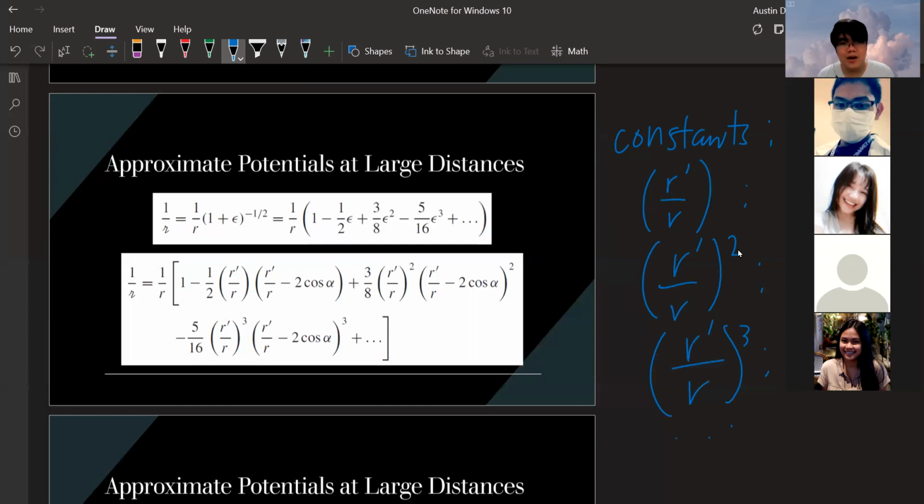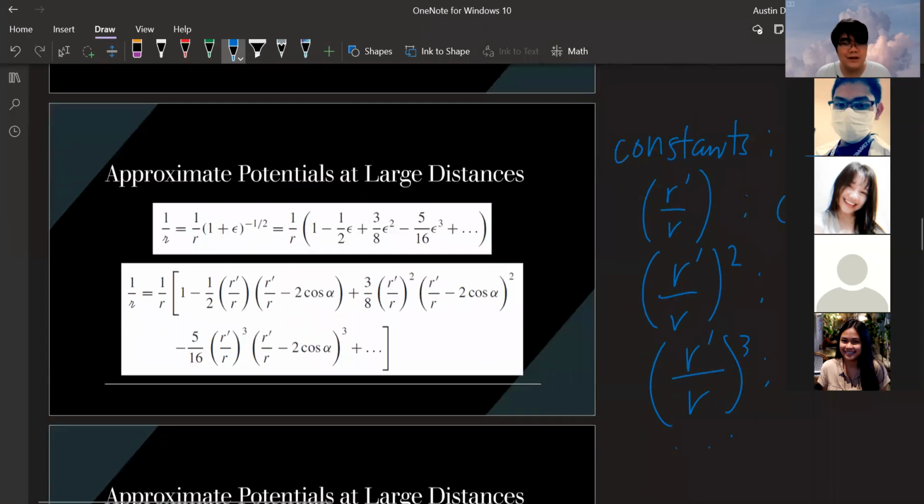Okay? And then sa r prime over r, kung hanapin ko yung mga factors nun. Okay, so if I multiply this negative 1/2 r prime over r to this guy, ang factor na lang niya is r prime over r. So pasok siya doon. So multiply natin negative 1/2 to negative 2 cosine alpha. So we have cosine alpha. Okay? Ay negative 1/2 kasi times negative 2, that's just 1. Natitira na lang cosine alpha. Okay?